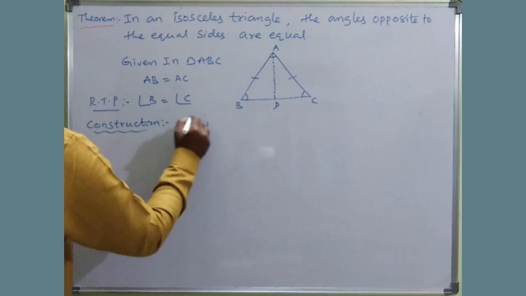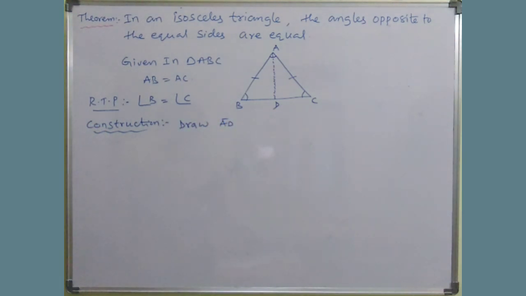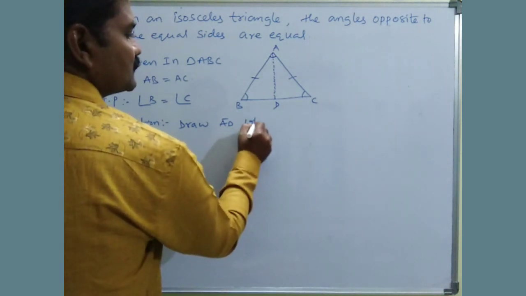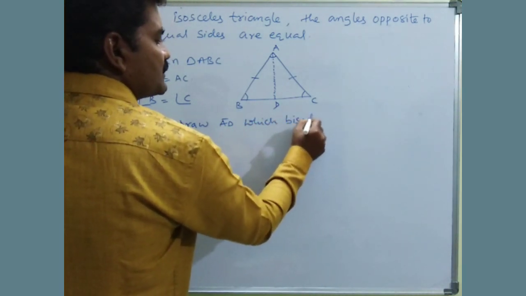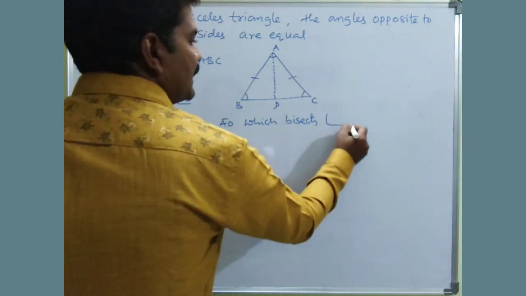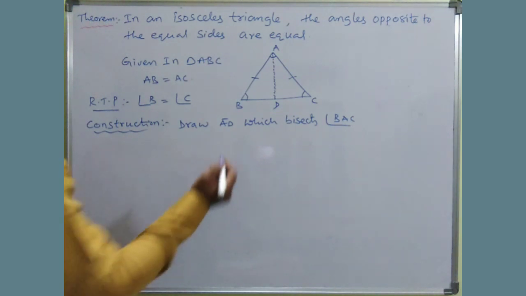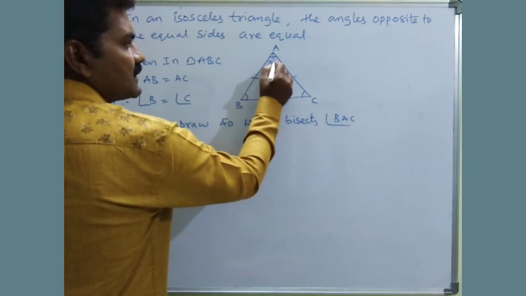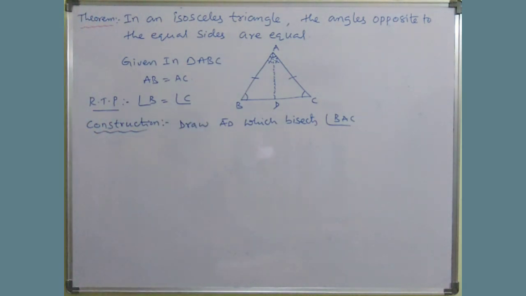Draw AD bar which bisects angle BAC. Suppose it is x degrees, then this is also x degrees because of the bisector. Okay.